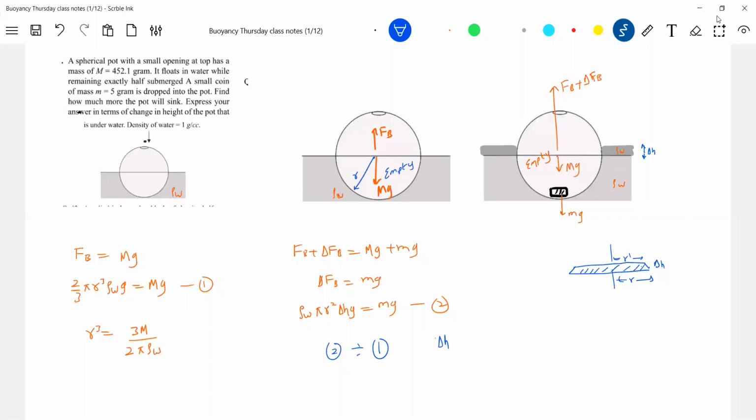So this will be delta H, delta H by R. Look at one's equation. Do we know R? Yes, we know R. I'll bring it from here.